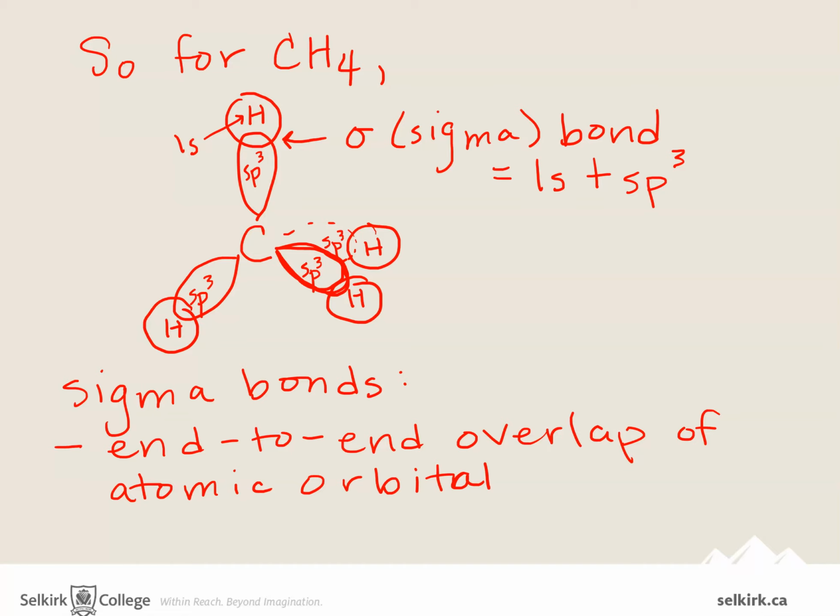Another thing I notice about them is that the probability of finding an electron is greatest where those orbitals overlap. So that means that the probability of finding the electron in the covalent bond, the shared pair, is greatest between the two nuclei. The electron density is greatest along the internuclear axis.